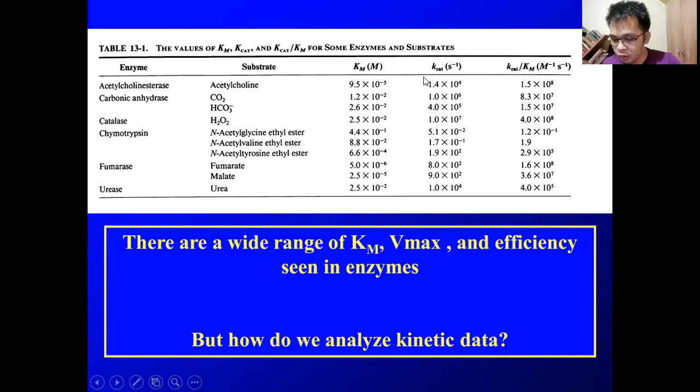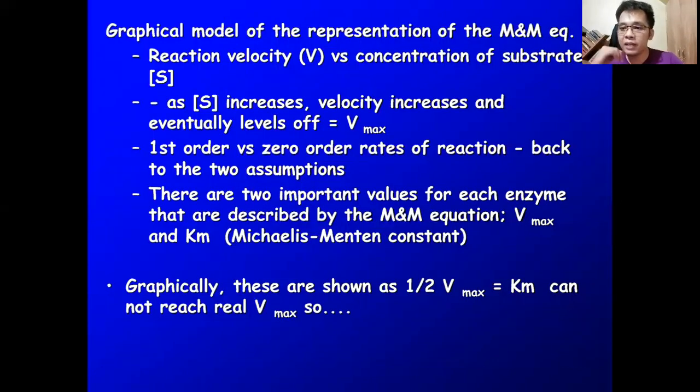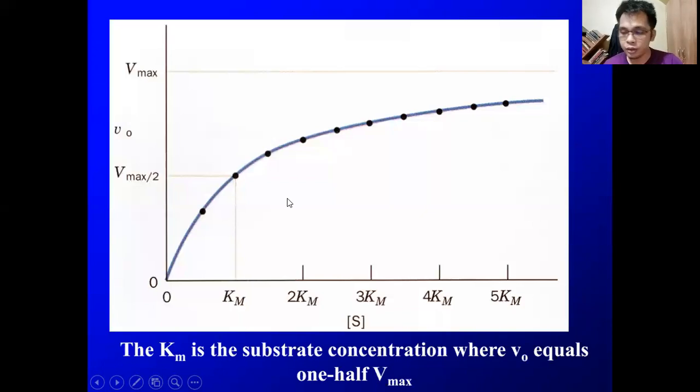Since we're talking about the Michaelis-Menten equation, what is its graphical representation? Let's say that the substrate concentration is equal to the Michaelis-Menten constant. This is what it will look like.